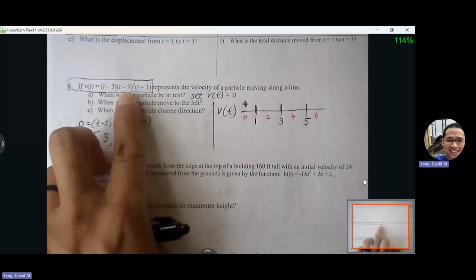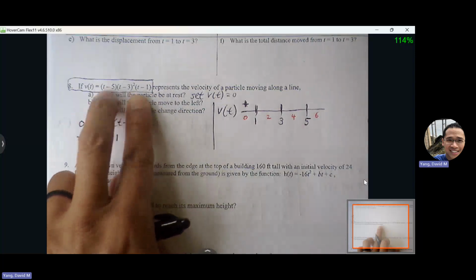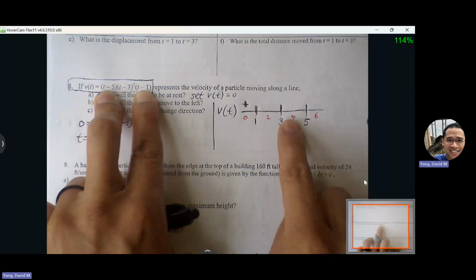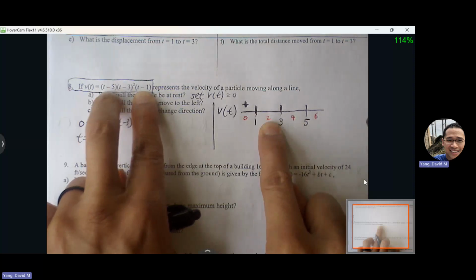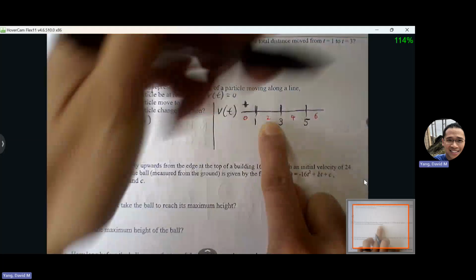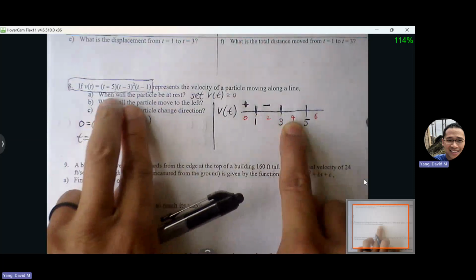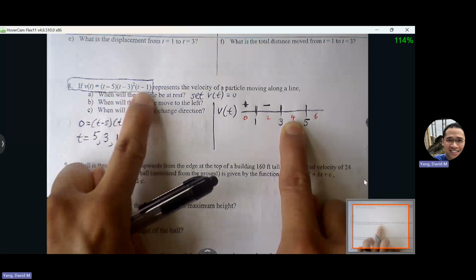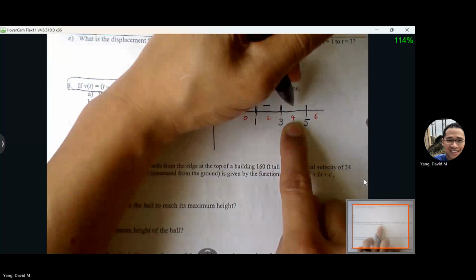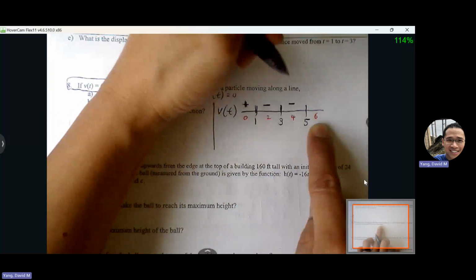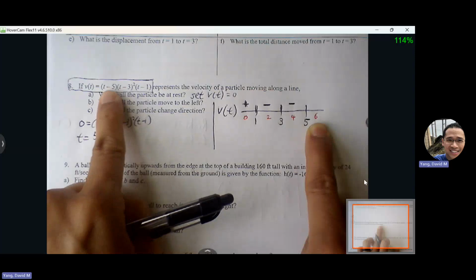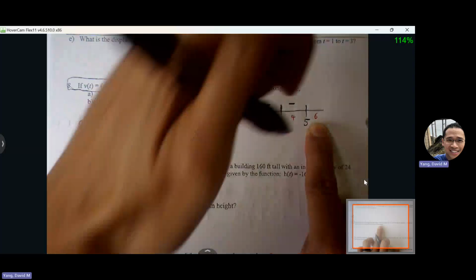I'm just going to test the first and third factors. Plug 2 in: 2 minus 5 is negative, 2 minus 1 is positive, so negative times positive is negative. So it's moving left in this interval. Plug 4 in: negative, positive, which is negative. Plug 6 in: positive, positive.